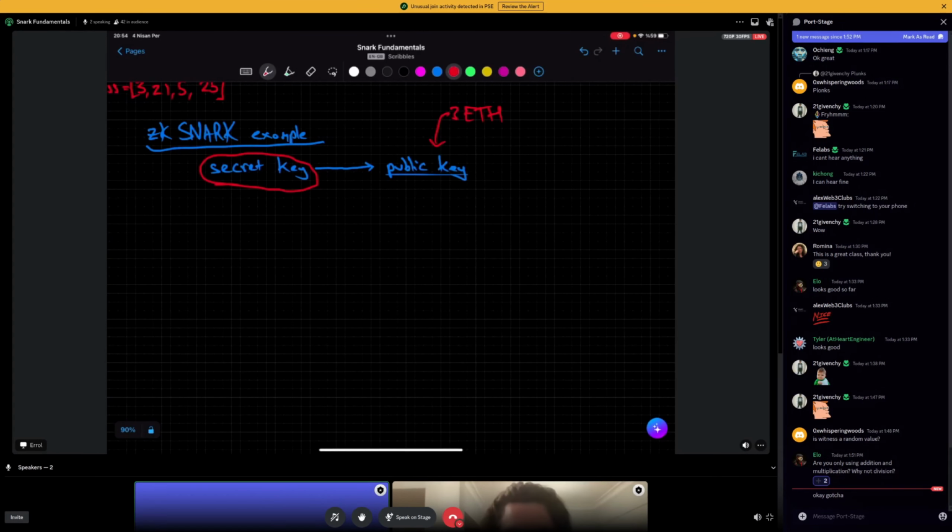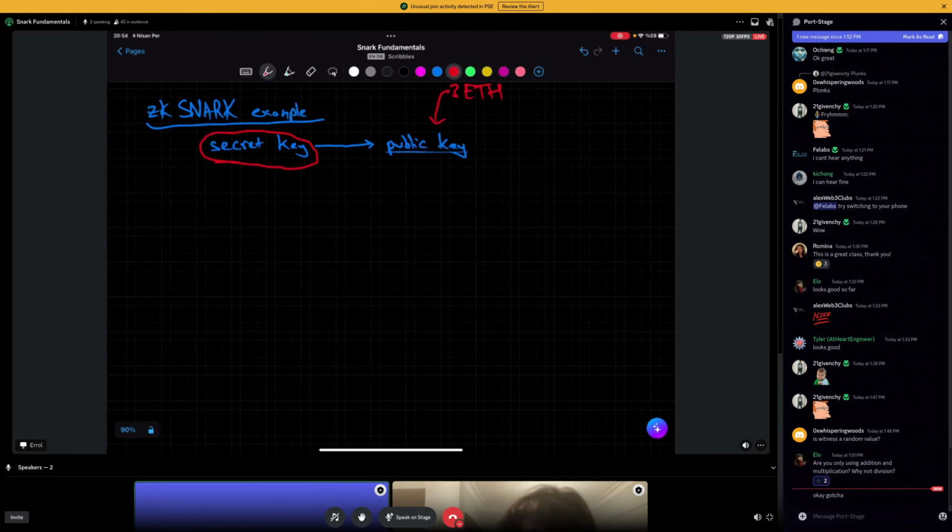If anybody else knew your secret key, they could spend your money. That's why we have to be so careful with our secret keys. It's either just a long number, like a hexadecimal string that you might have written down somewhere as a backup, or it might be 12 or 24 words. Those words are actually used to make that long number. And that long number is used to make another long number called your public key. Okay, so hopefully you know that.